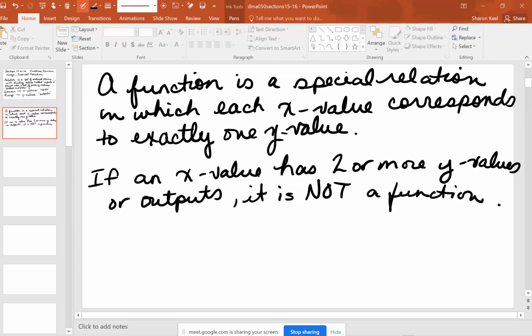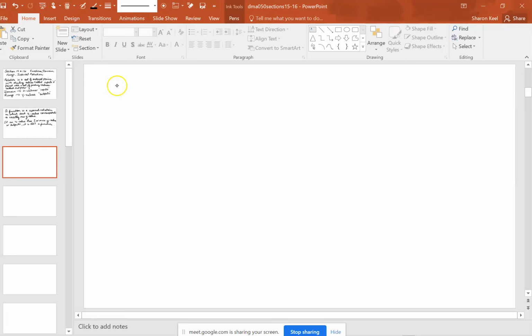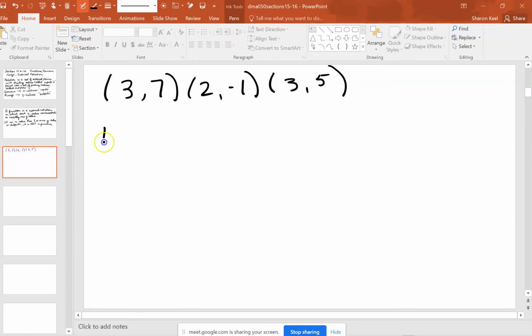So if you have a set of data, let's say I gave you these ordered pairs: (3, 7), (2, -1), and (3, 5). If I were to ask you what is the domain, it would be the x values. So we would name the 3, the 2. We would not write 3 again because I already have 3 one time and that would be redundant.